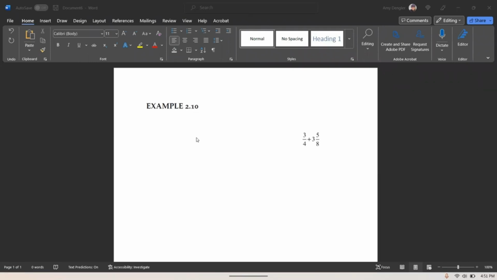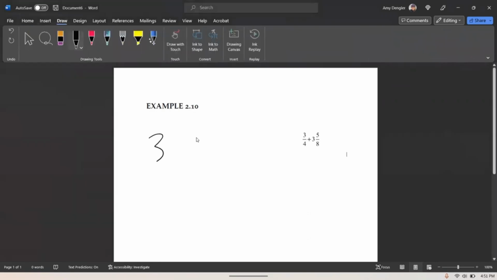Example 2.10. So we have an addition problem, but we have a mixed number. It would be nice if we didn't have to deal with a mixed number, we could just deal with the two fractions, but we can't. So we need to turn that mixed number into an improper fraction. To do that, we're going to multiply the 8 by the 3 together, which is 24.